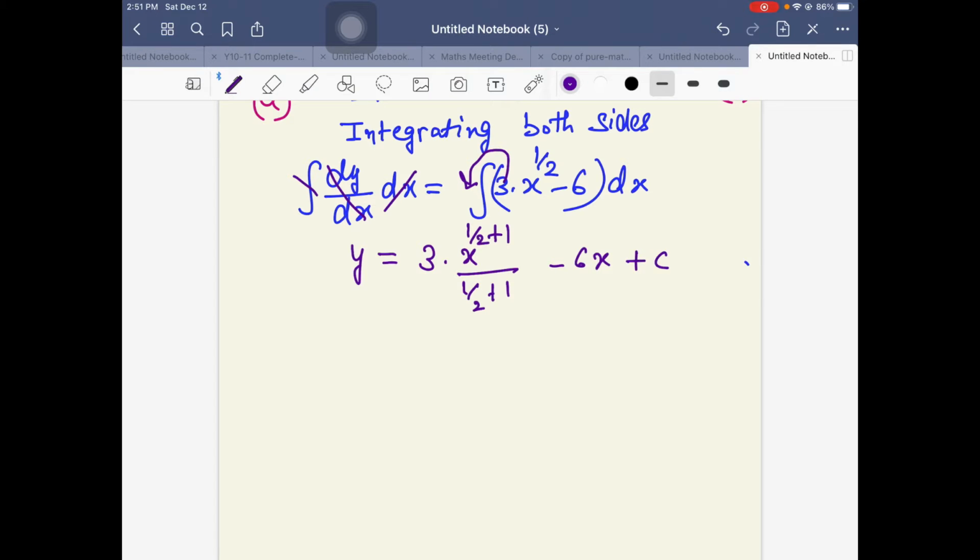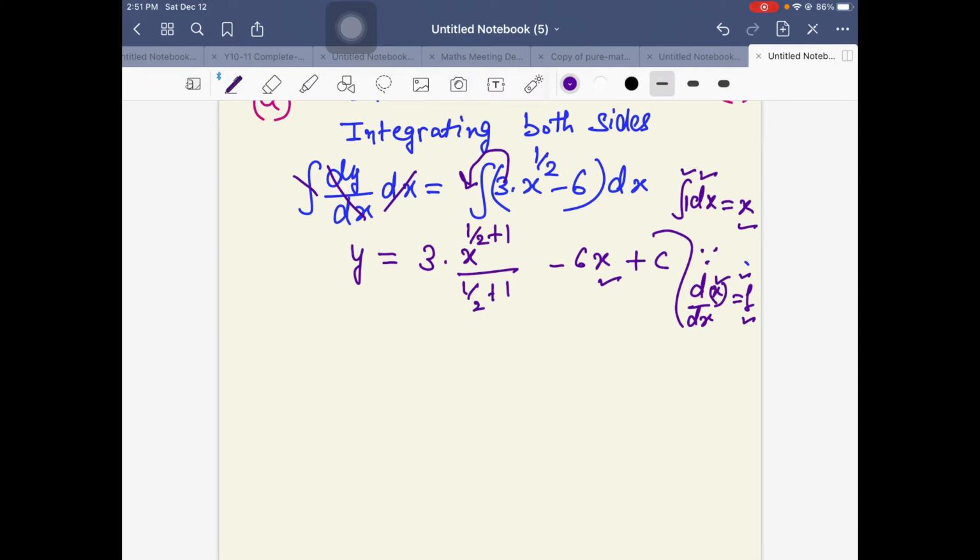Again, the differential operator and integration cancel out. In simple words, the integral of 1 is x, because the derivative of x is equal to 1. So minus 6 into the integral of 1 will be x.